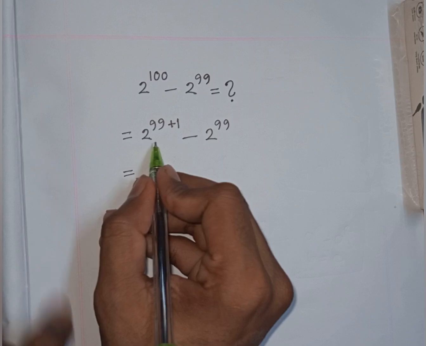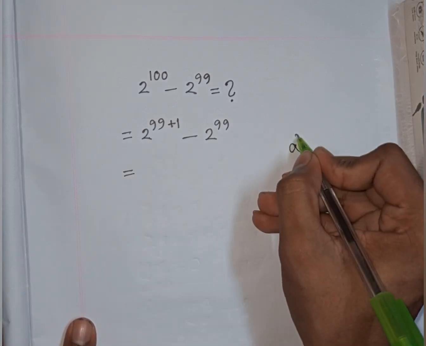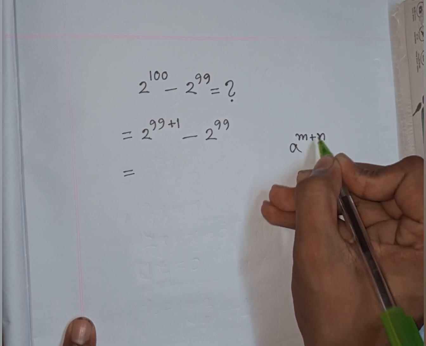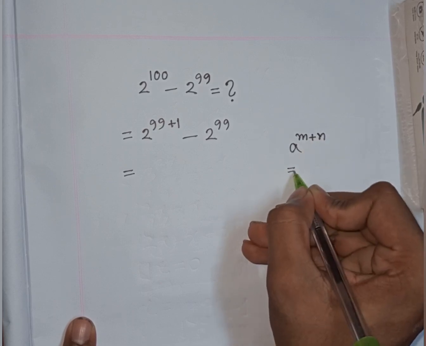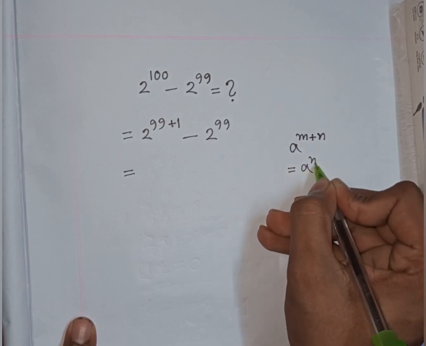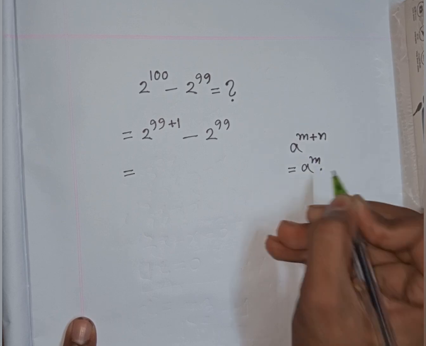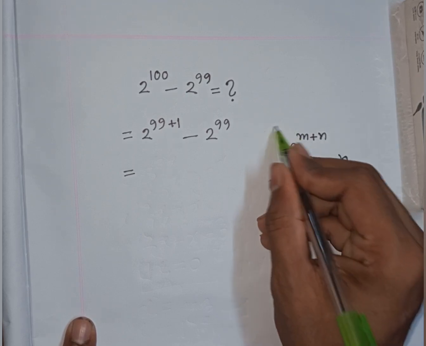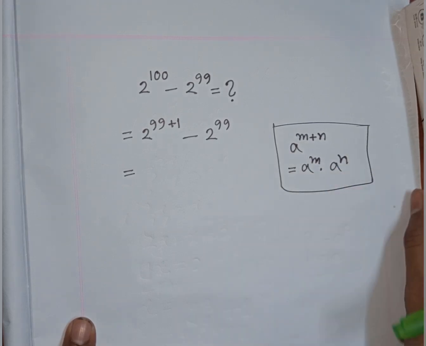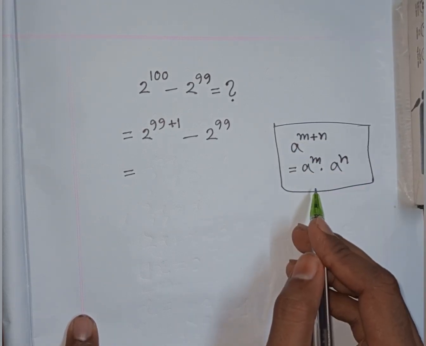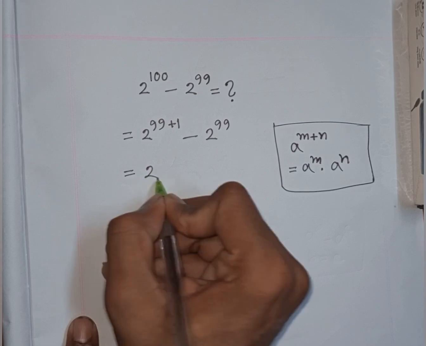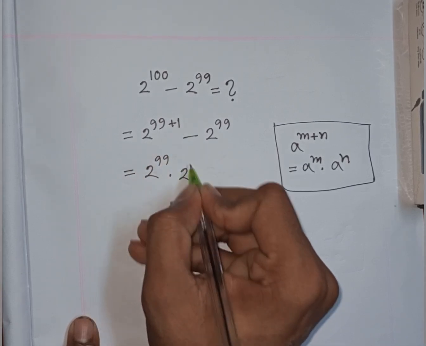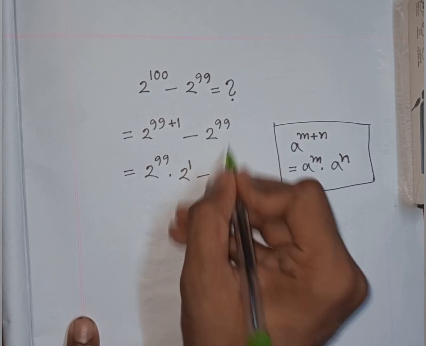Here I can apply this exponential rule that a power of m plus n is equal to a power m times a power n. So according to this rule, we can write here 2 power of 99 times 2 power 1, then minus 2 power of 99.